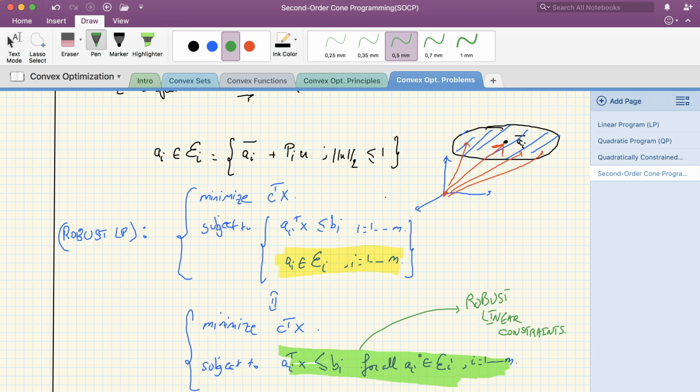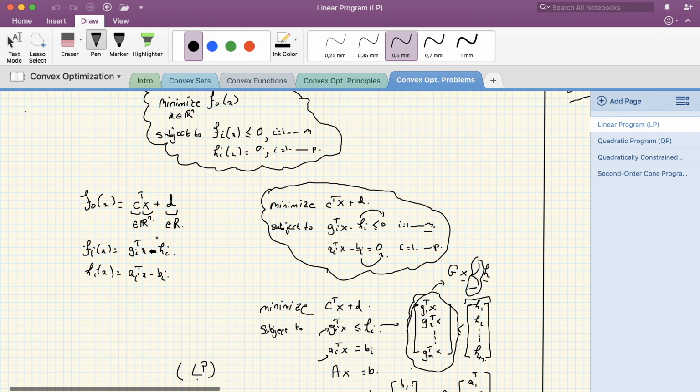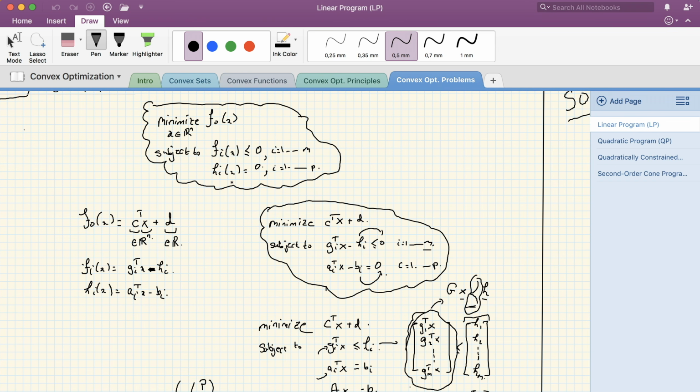Now, this shows in applications where you don't have direct access to aᵢs. Note that in linear programs, we are referring here to our fᵢs, right? So in this lecture, when let's say we solved our linear program using simplex, note that Aᵢs, Bᵢs, Gᵢs, Hᵢs, C and D were all completely known. Note that you can also force any other parameter of the problem to fall inside an ellipsoid to reflect uncertainty.